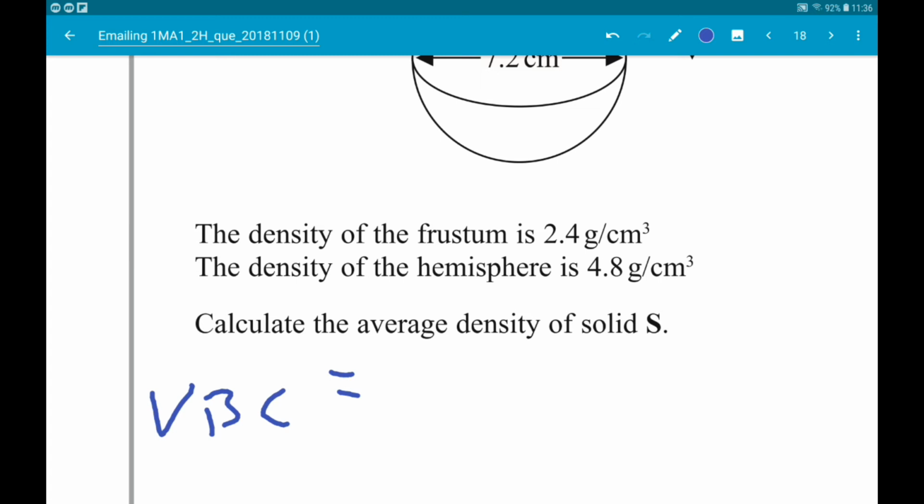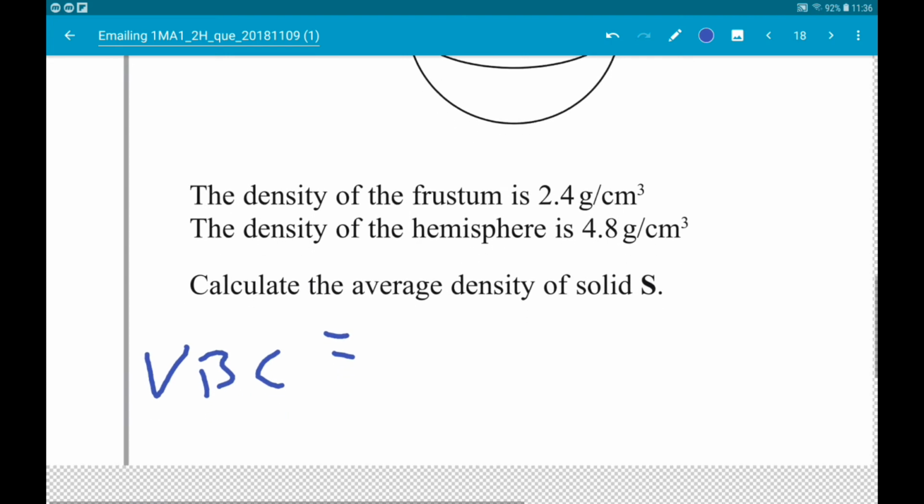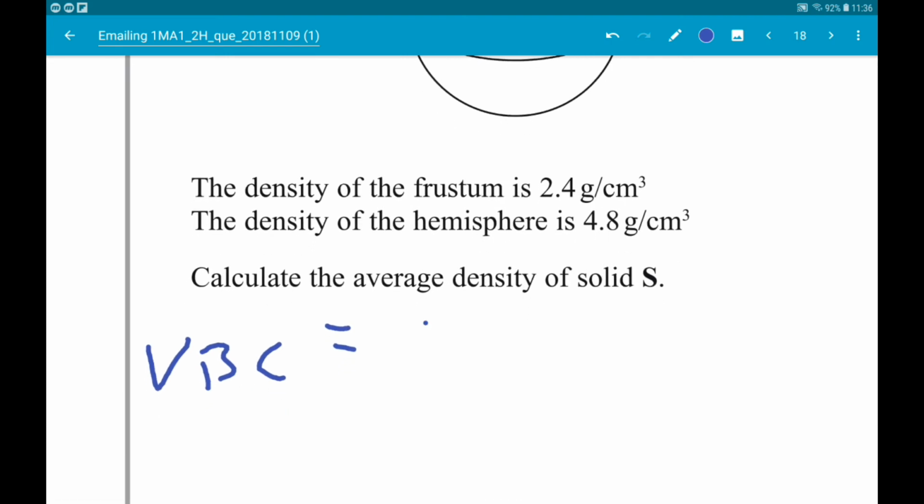So we have a diameter 7.2, our radius then is 3.6. So this is going to be 1/3 times pi times 3.6 squared times the height, which is 6.4.